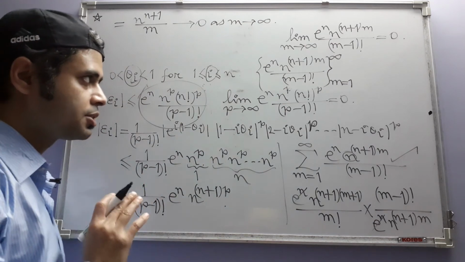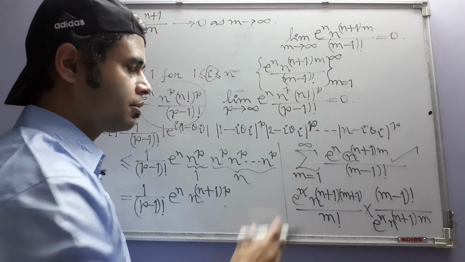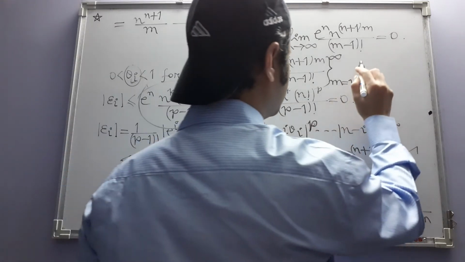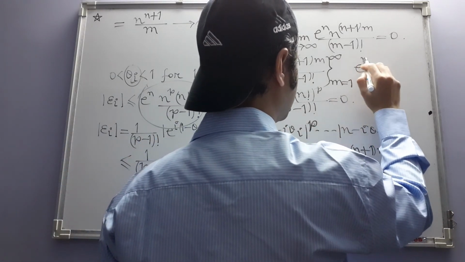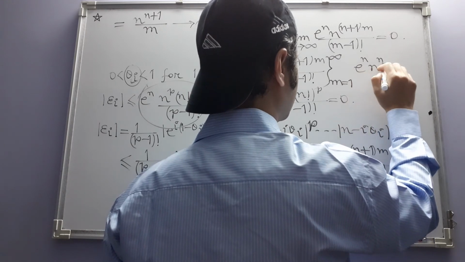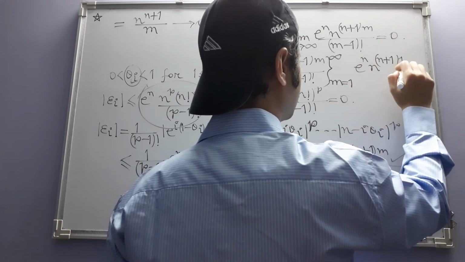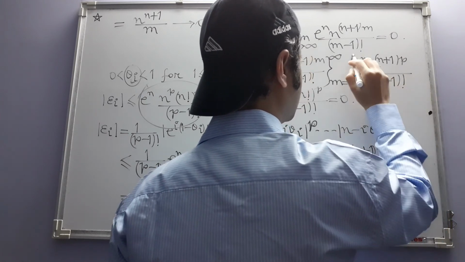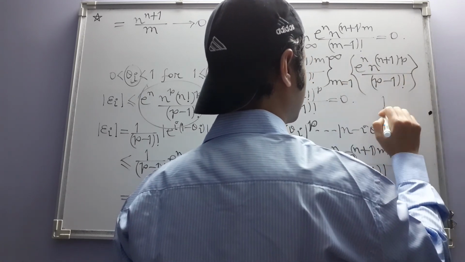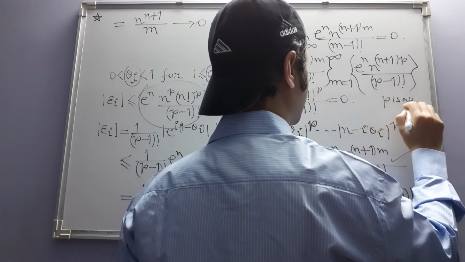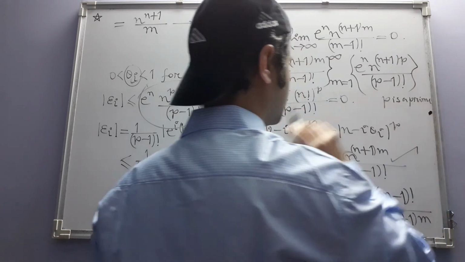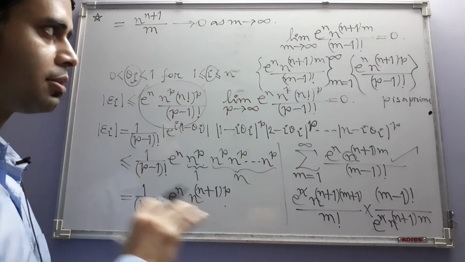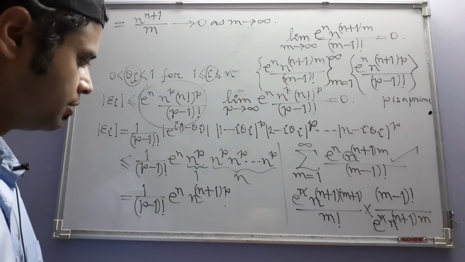So its subsequence, where in place of any positive integer m you have the primes, is also convergent and it converges to 0.